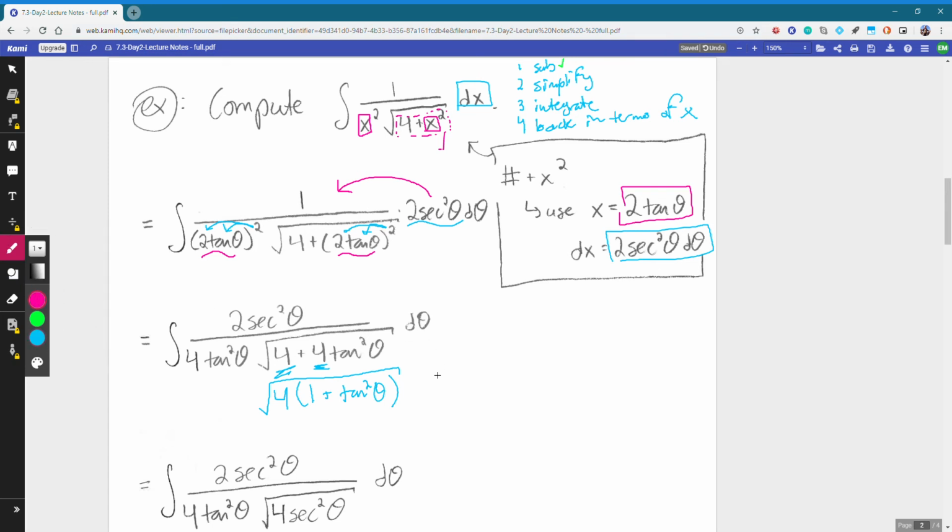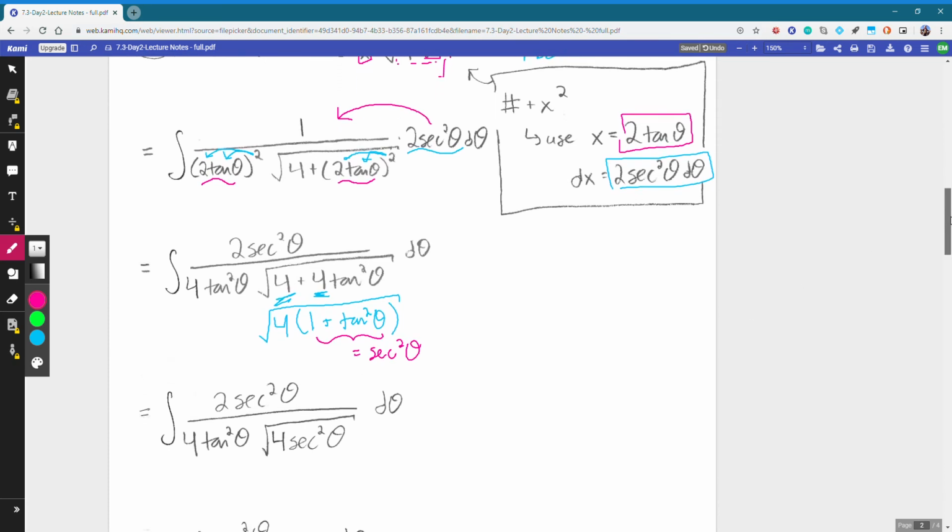And here we see exactly that left-hand side from our key identity. This equals secant squared theta. So swapping that in and keeping that all inside of our square root, we're left with just root 4 secant squared theta, and we have some more simplifying to do.